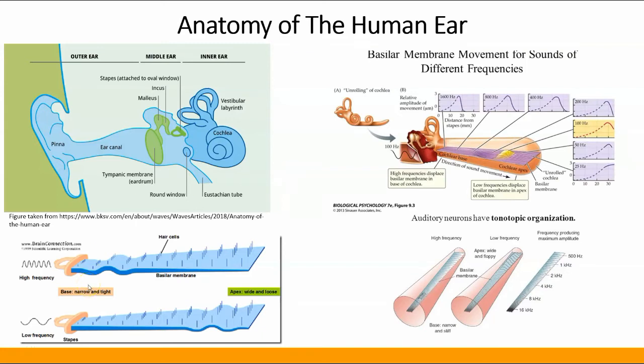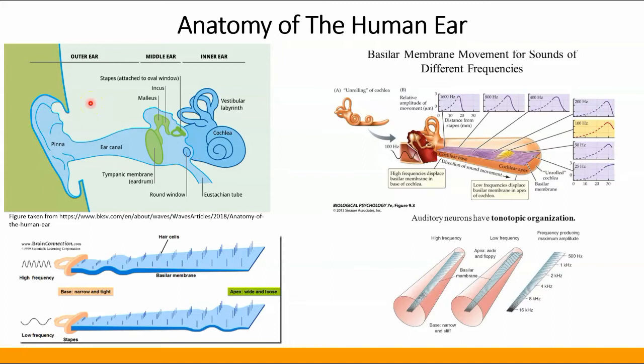Here we will discuss the anatomy of the human ear. The human ear is a complex system which has the ability to detect and differentiate sounds and helps our body to maintain postural equilibrium.